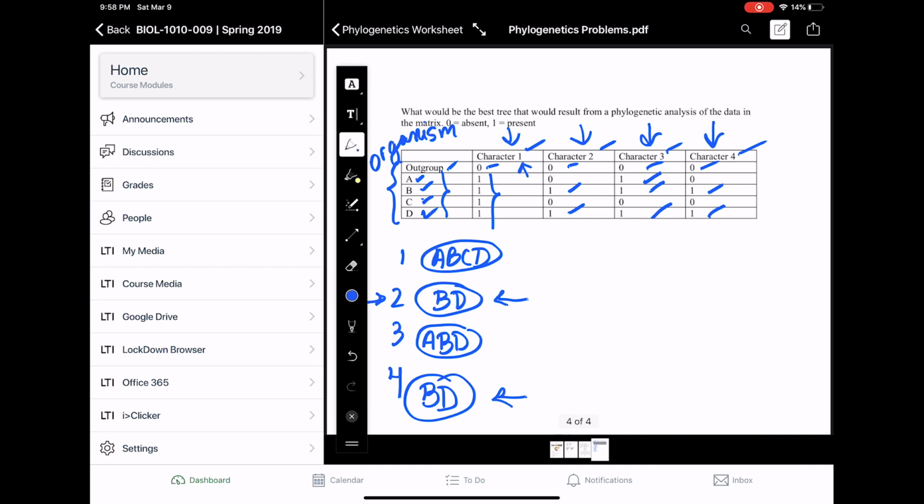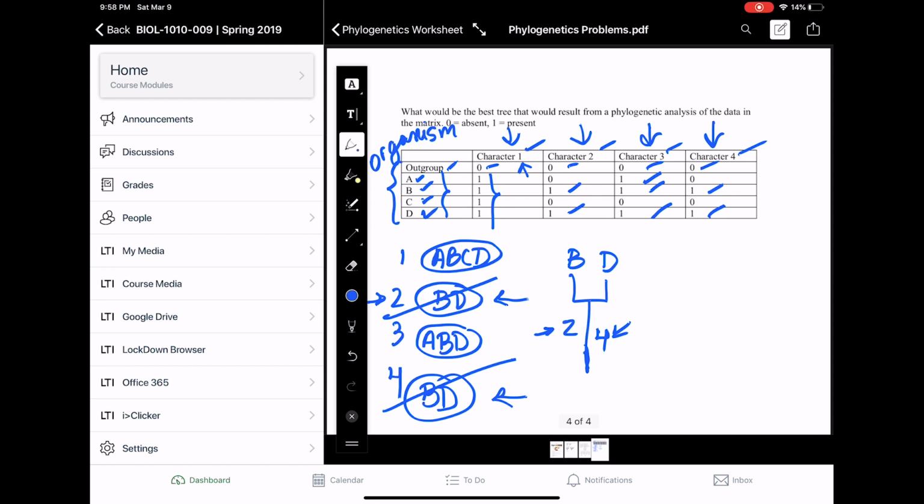So I'm just gonna start by doing my group of B and D, and I can write 2 right here, and I've drawn character number 2, but also B and D have character number 4, so I'm gonna write 4 right here. And the placing of the characters doesn't really matter because we don't have a timeline to refer to, so we're just gonna write them right there.